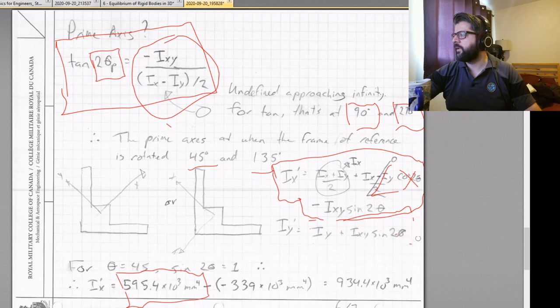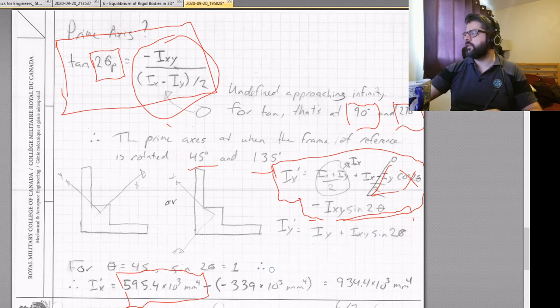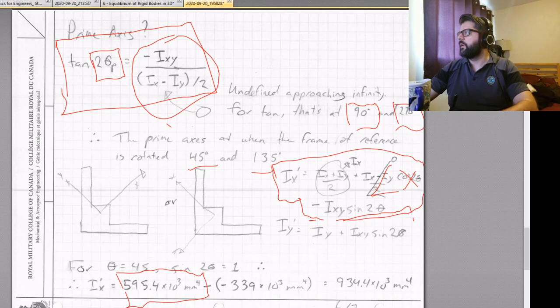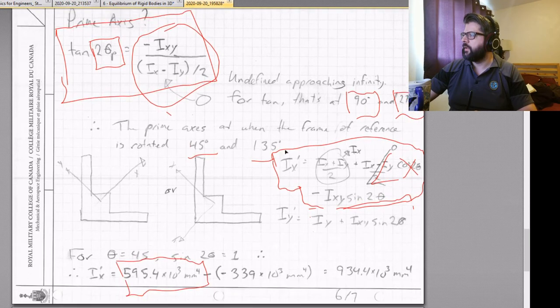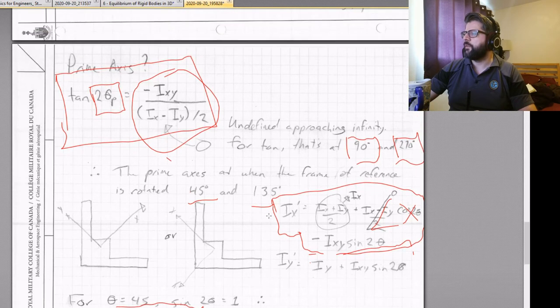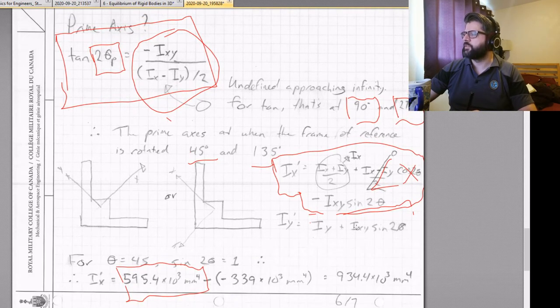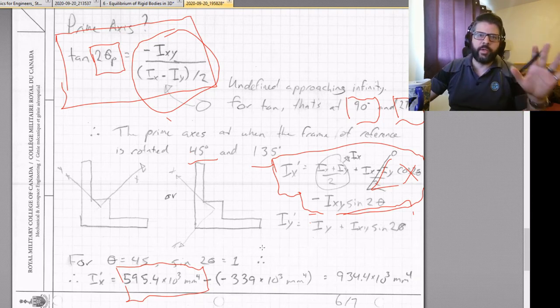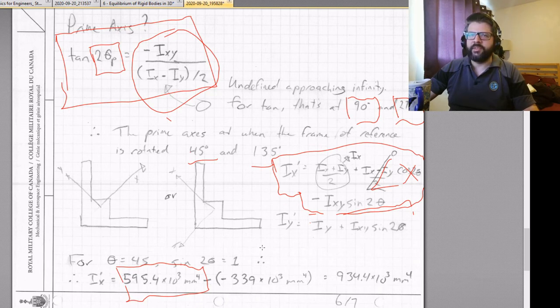Sorry, this was supposed to be an x, because I didn't realize the sign here. So Ix' in this situation is equal to Ix minus Ixy sine 2 theta. Iy' is equal to Iy plus Ixy sine 2 theta. So yeah, sorry, I thought I made a mistake and made a mistake in thinking I made a mistake.